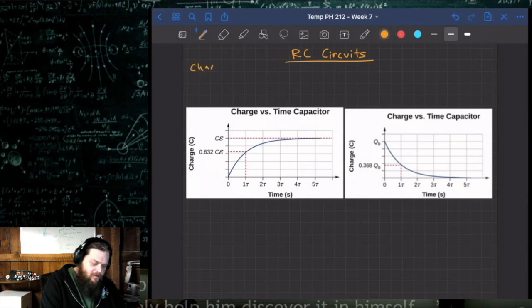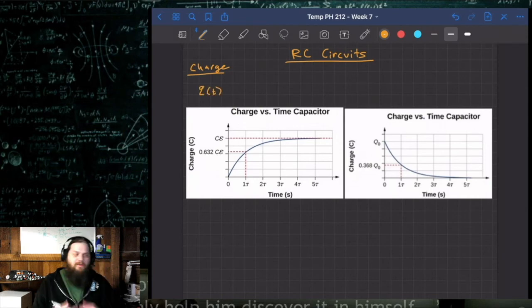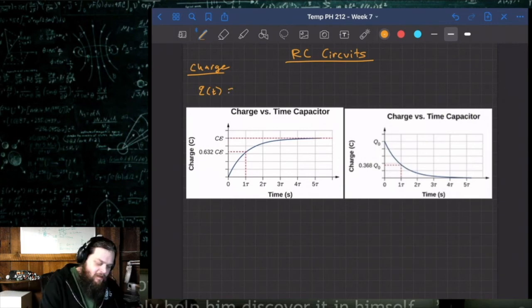And this is the charge over time. So as the capacitor charges up and those two parallel plates get a greater and greater charge until it's fully filled, the charge is going to equal the EMF, which is the voltage supply, times the capacitance, times 1 minus an exponential, e to the power of negative time divided by tau.